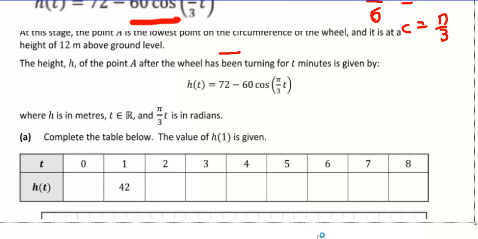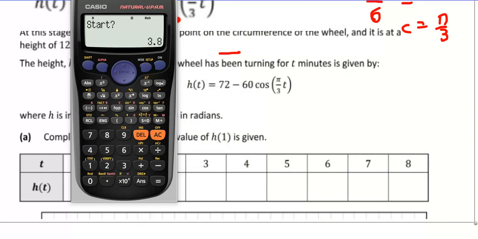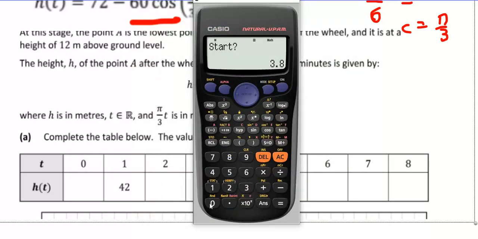So what we're going to get is the following. 72 minus 60 cos pi over 3. What are we doing? 0 to 8? 0 to 8 minutes. Step of 1.